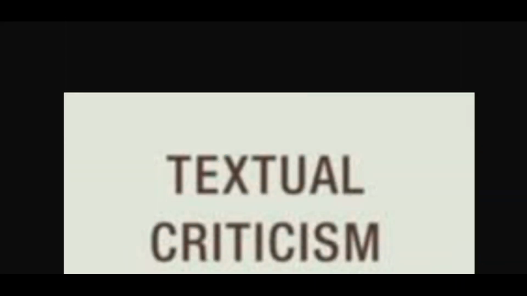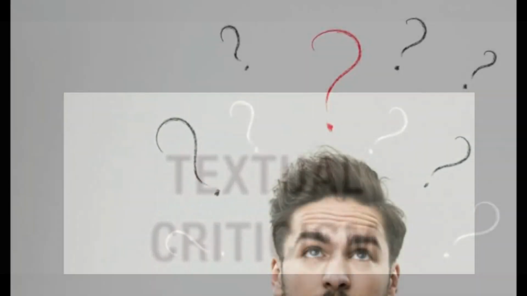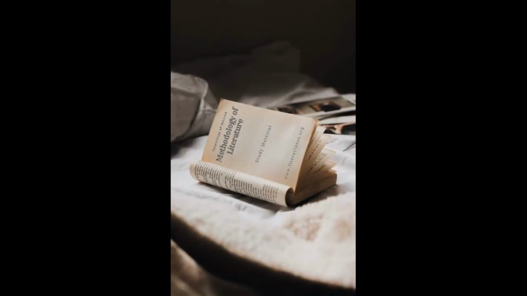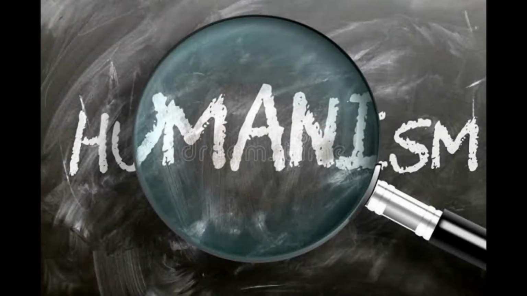So literature as such has got different ways of analysis. When we talk of literature, there are many analytical viewpoints concerning literature. We see that literature was basically humanistic. That is, literature was analyzed for the general benefit of humanity.